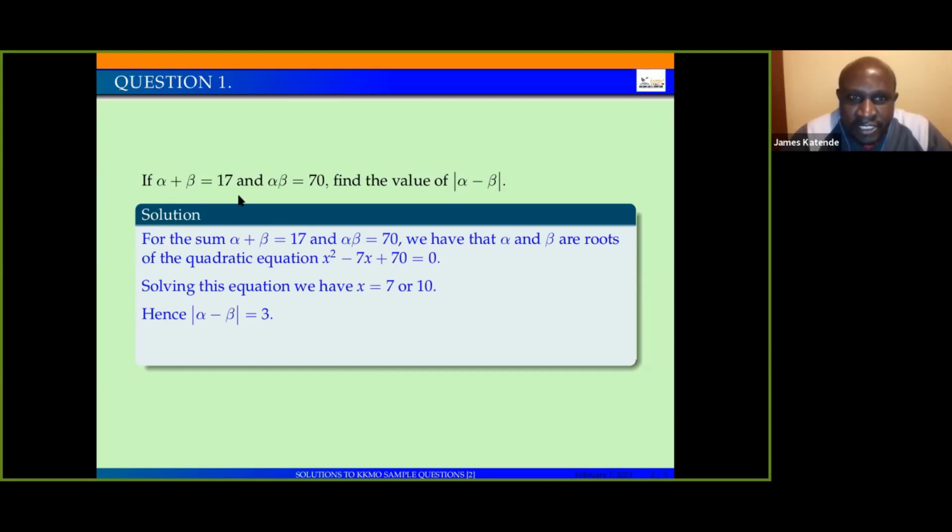So the trick here is just to think of this as the roots of a quadratic equation, then set up the quadratic equation, and then find the possible roots, get the difference and get the absolute value. So one thing I'll mention is that the solutions we have are not necessarily the only solutions. So it's possible to come up with other, maybe even better solutions. So I will move to the second question.